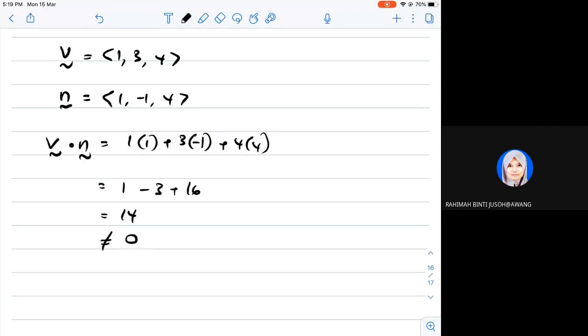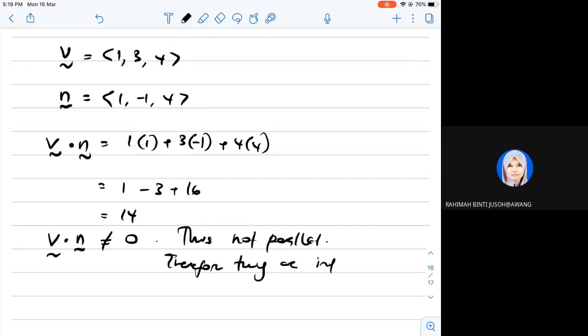So not equals to 0. V dot N not equal to 0, thus not parallel. Not parallel, therefore the line and plane are intersect.